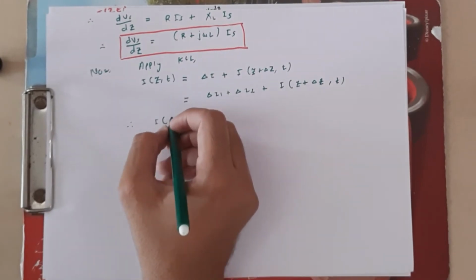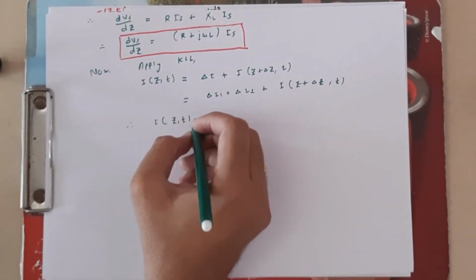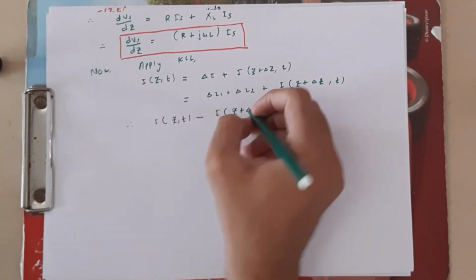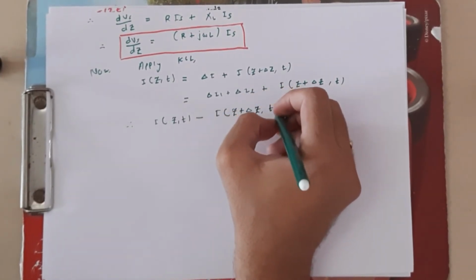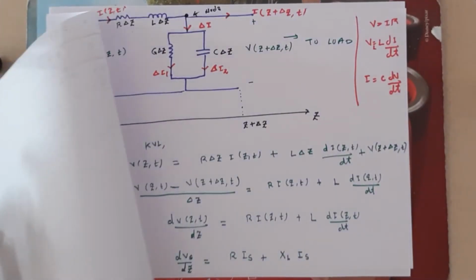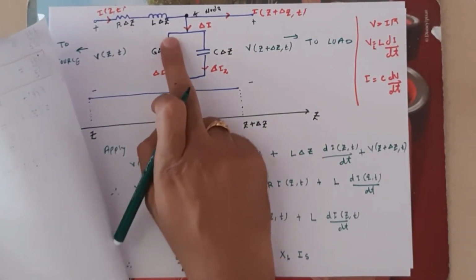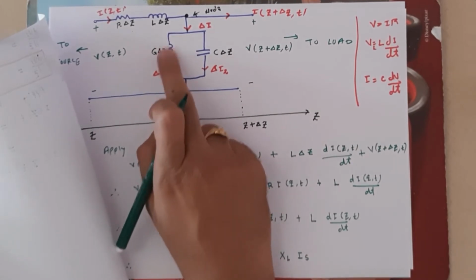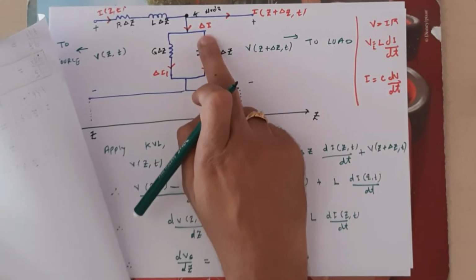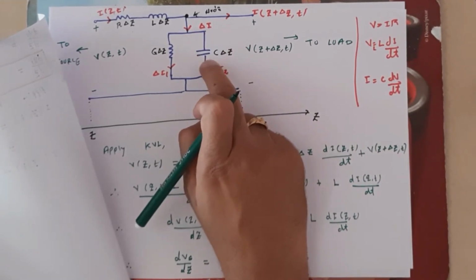So I of z,t minus I of z plus delta z, t is equal to delta I1 plus delta I2. What is delta I1? Delta I1 is nothing but the current which flows through the conductance. And what is delta I2? The current which flows through the capacitance.